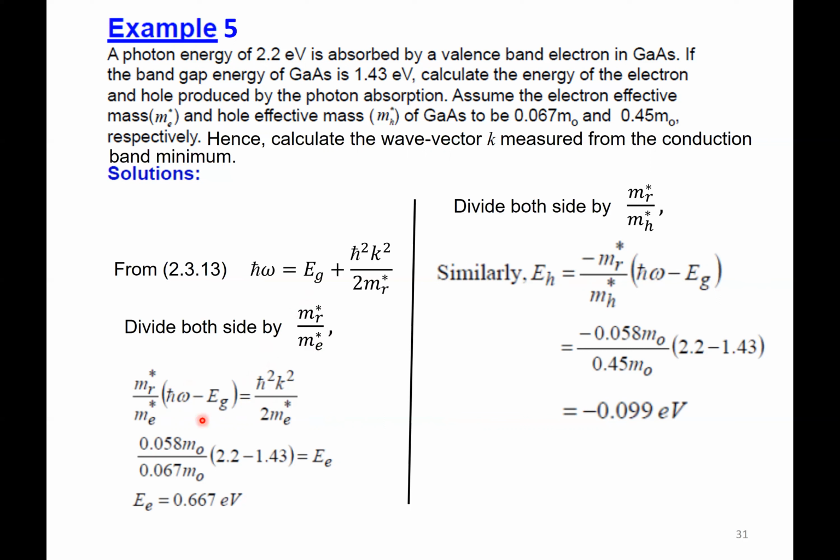So from the left hand side, m_r*, you can calculate the reduced mass. Electron effective mass is given to you. ħω is 2.2, band gap is 1.43. So you get the electron energy of 0.667 eV. Similarly, for hole energy, you multiply both sides of this equation by a factor of m_r* over m_h*.